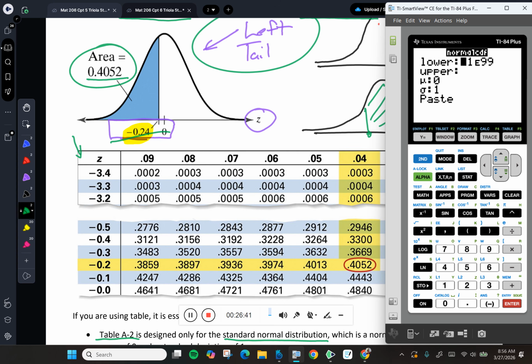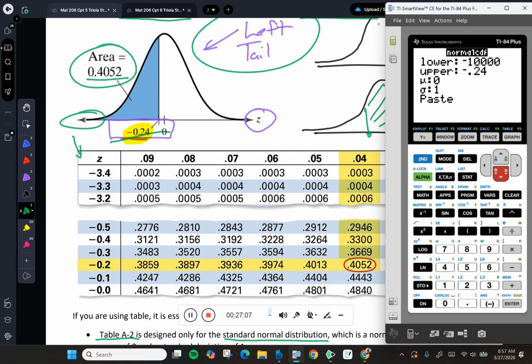Whoever programmed this wanted you to have both a lower limit and an upper limit. Technically, there's no lower limit on this problem because it goes on forever to the left, so we're just going to put in a large negative number. Negative 10,000 sounds good. For the upper limit, negative 0.24. Our mean is 0 and our standard deviation is 1.